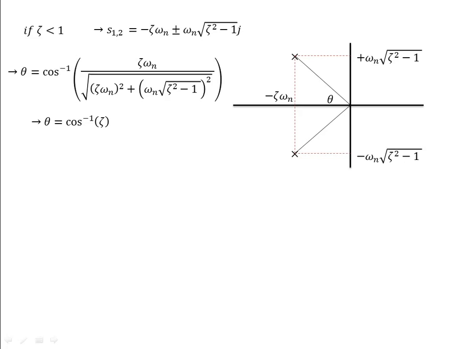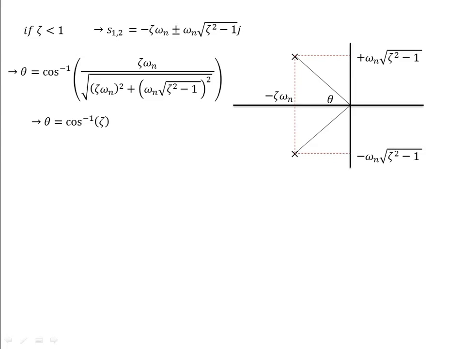Let's look at this when the damping ratio is 1. In this case theta will be 0, so these two poles will be on the real axis. In other words, if we decrease theta, these two poles will move towards each other, towards the real axis. If we increase theta, or decrease the damping ratio of the system, these poles will move towards the imaginary axis and get apart from each other.